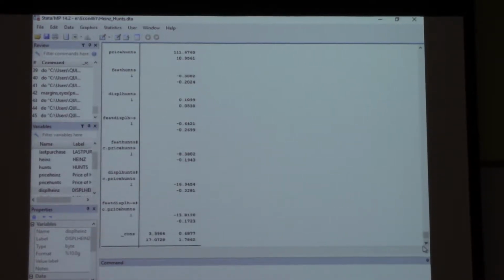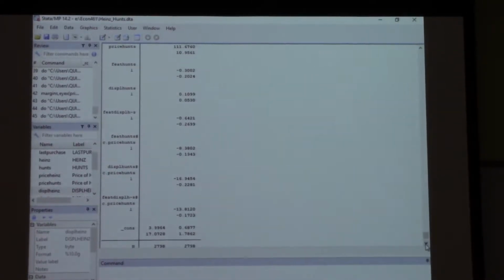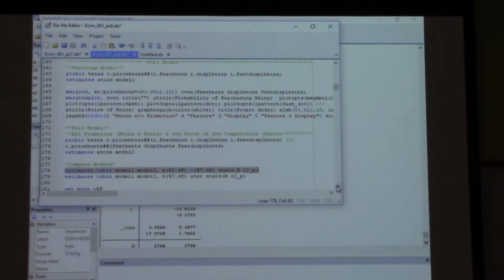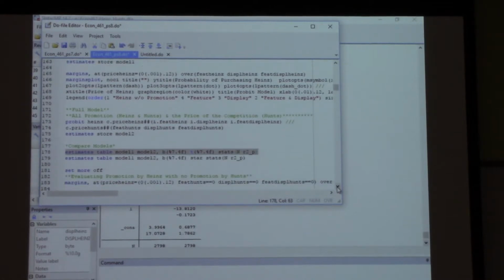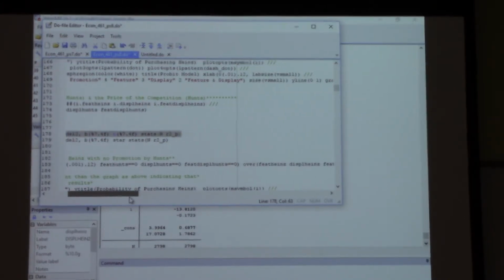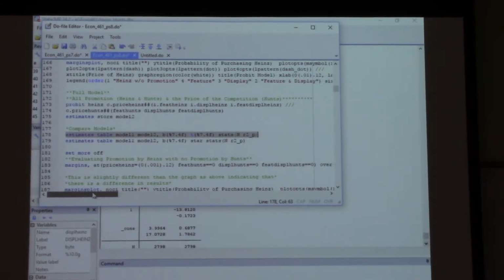Again, the easiest way to examine these is to graph. And what we want to do is specifically analyze our promotional effects one at a time. So notice we're still going to use the over, feature, and display.